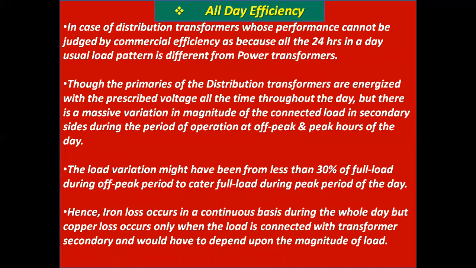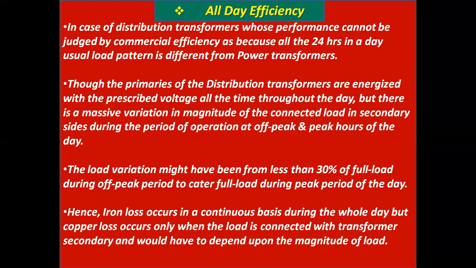All day efficiency. In case of distribution transformers, performance cannot be judged by commercial efficiency, because of the all-time, that is 24 hours in a day, usual load pattern, which is different from power transformers.